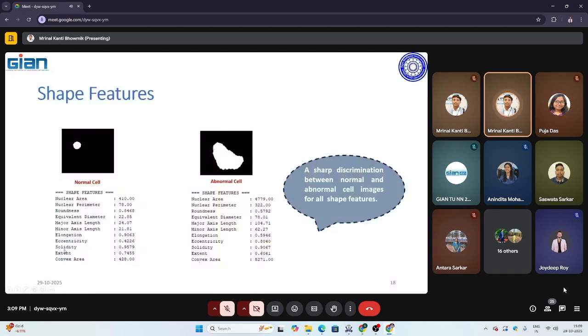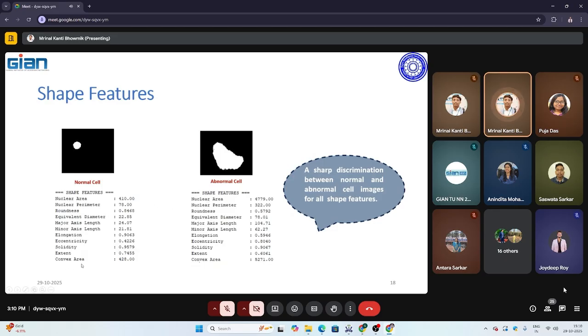The solidity value is 0.95 for the normal cell and 0.9 for the abnormal cell. The extent value for the normal cell is 0.74, and for the abnormal cell it is 0.60. So all of these shape features can discriminate between these two cell images.